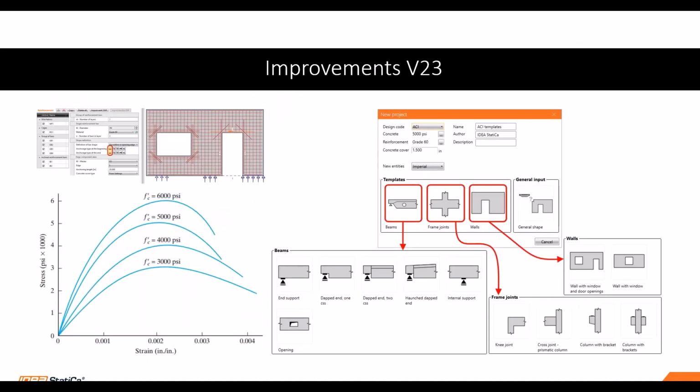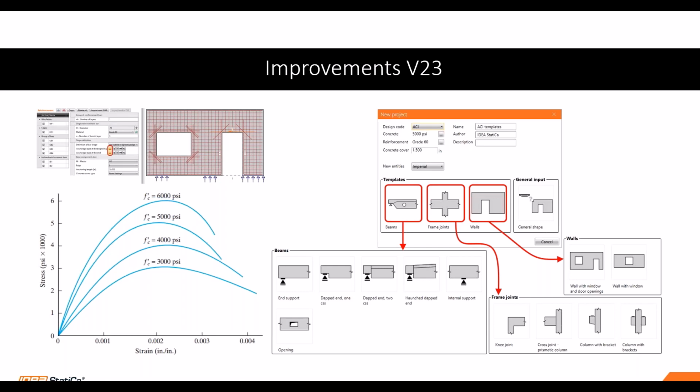Next slide. If we look at what we've done in version 23 to detail, the ACI code has actually been in there for about a year and a half. But we've added some materials for the US code, based on US standards as far as concrete strengths, giving those stress strain curves in there, and allowing better imperial units, keeping in line with the standards we have here in the US.